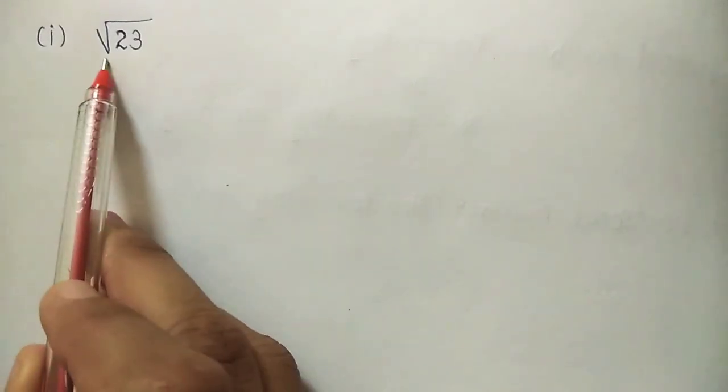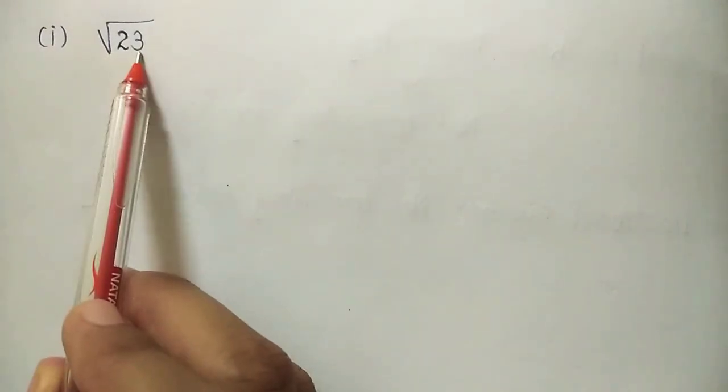First we have square root of 23. Now see, square root of 23 is the given number and we have to say whether it is a rational or irrational number. 23 is a prime number. Remember that square root of any prime number will have decimal expansion non-terminating, non-recurring.